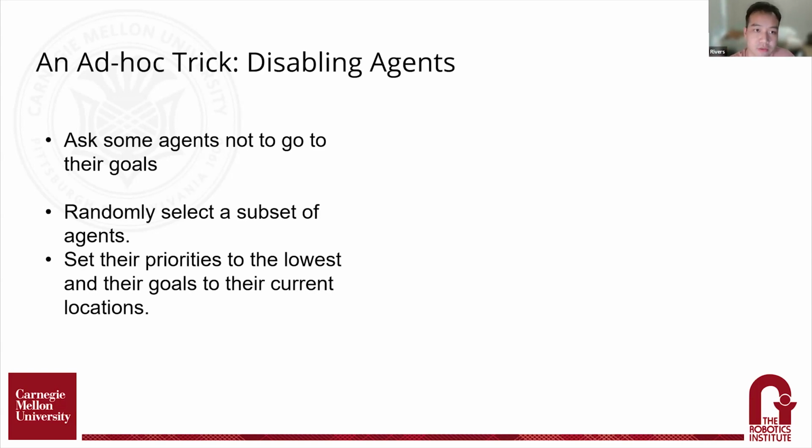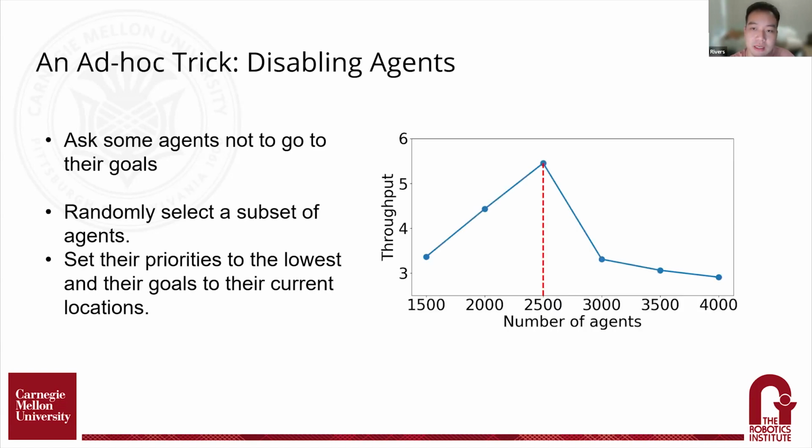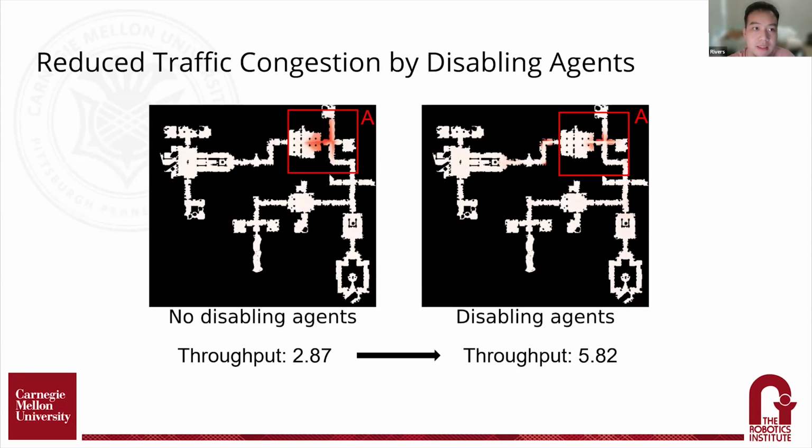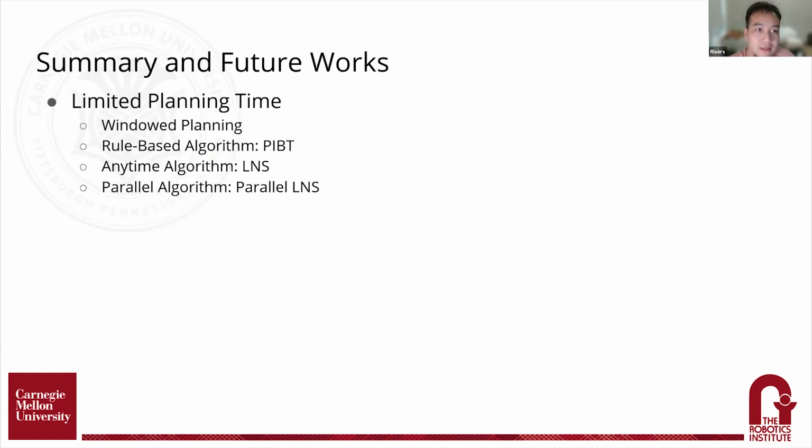And the next question is we need to determine how many agents to disable, and we just run a simulation and pick the best one. By disabling agents, the traffic congestion is also reduced, and we almost double the throughput. As a summary, we mainly address these two problems, the limited planning time and the congestion.